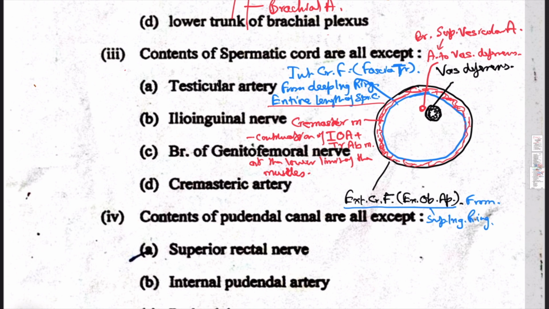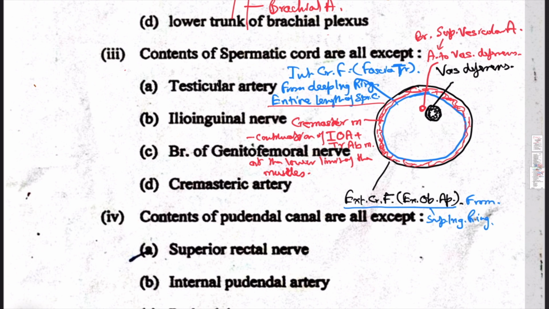By the way, any other important point, anybody remembers about the superior vesicular artery? Yes, during the fetal circulation, the umbilical artery was nothing but a continuation of the same. It actually is a remnant of the proximal end of the umbilical artery. The umbilical artery was actually a continuation of this superior vesicular artery in the embryonic period.